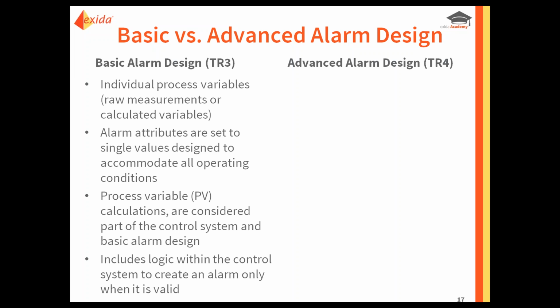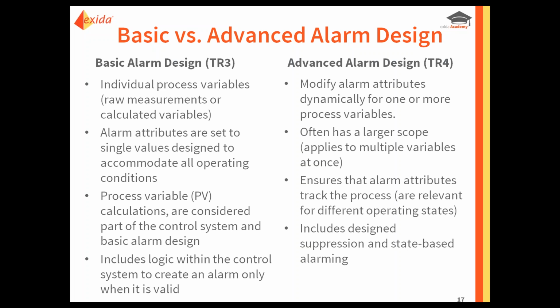It also has to do with settings that will work for all operating states, maybe not very well, but the idea is that there's one setting involved. They're typically considered part of the basic process control system. It also includes any logic you create to make sure that the alarm only occurs when it's valid. That's all part of the basic alarm design scope.